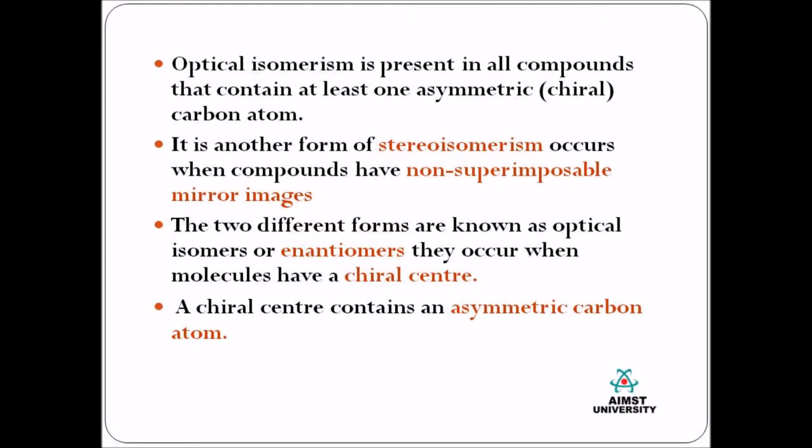They occur when molecules have a chiral center. A chiral center contains an asymmetric carbon atom. The asymmetric carbon atom has four different atoms or four different groups arranged tetrahedrally around it.